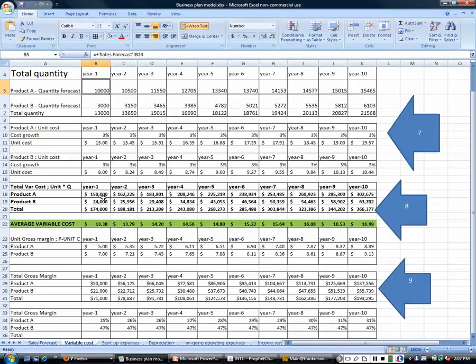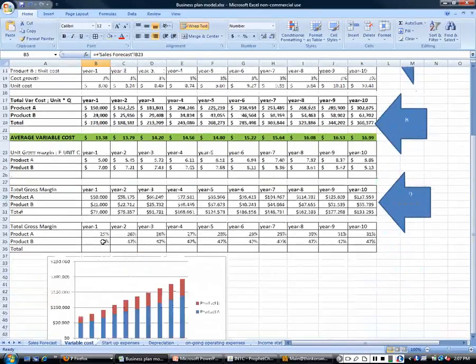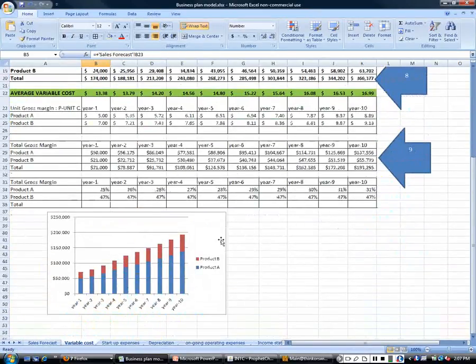So we did the quantity, we did the variable costs, and then we looked at what the gross margin is. And over here I forgot to mention the last one: we can look at this graphically. I plotted the graph of gross margin, how much gross margin is produced from product A and product B. Why is that important?